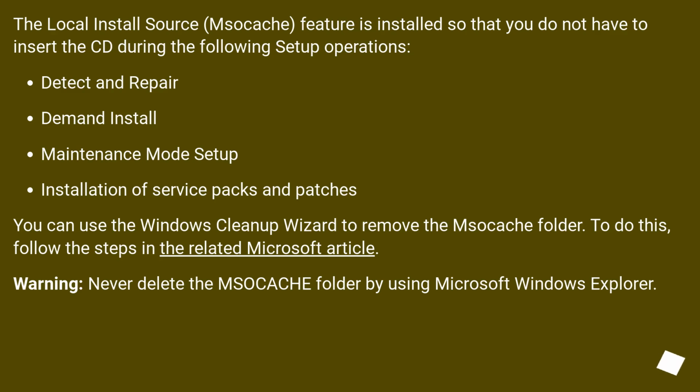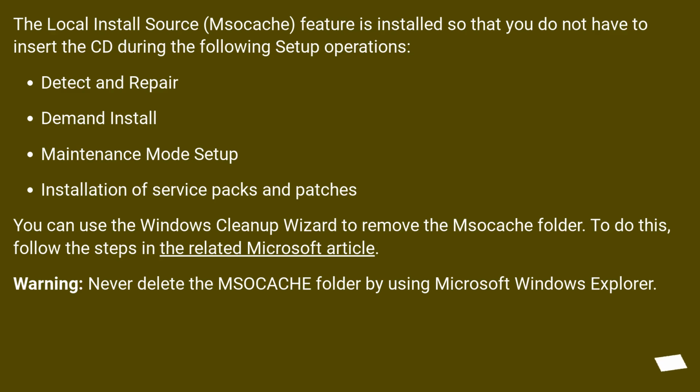The local install source, MSOCache, feature is installed so that you do not have to insert the CD during the following setup operations: detect and repair, demand install, maintenance mode setup, installation of service packs and patches. You can use the Windows Cleanup Wizard to remove the MSOCache folder.